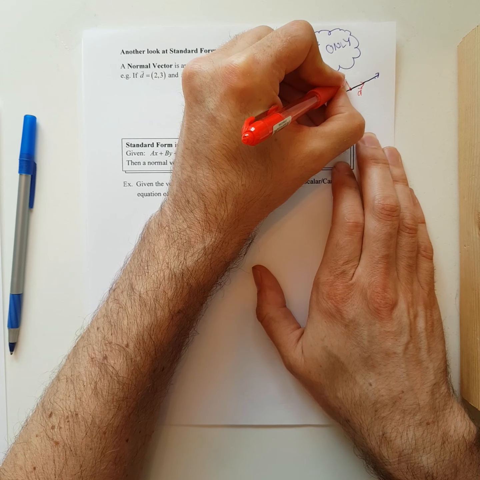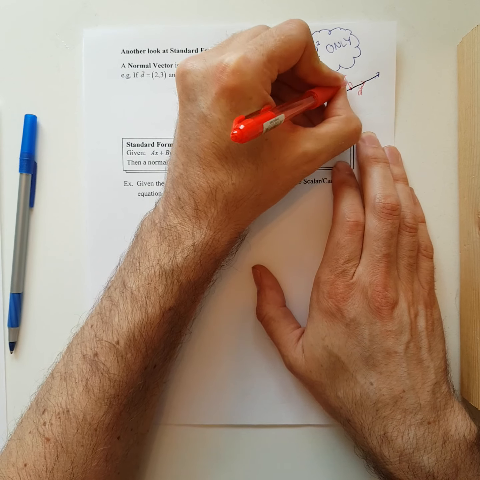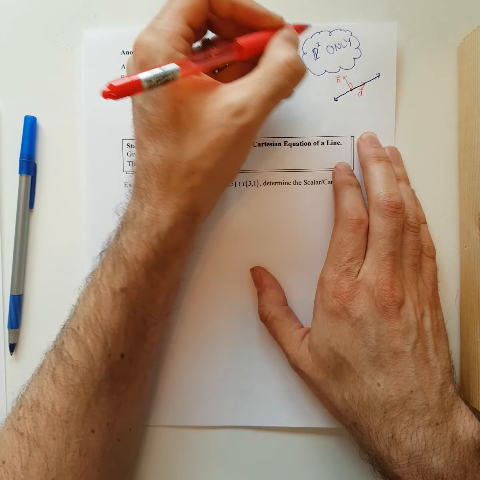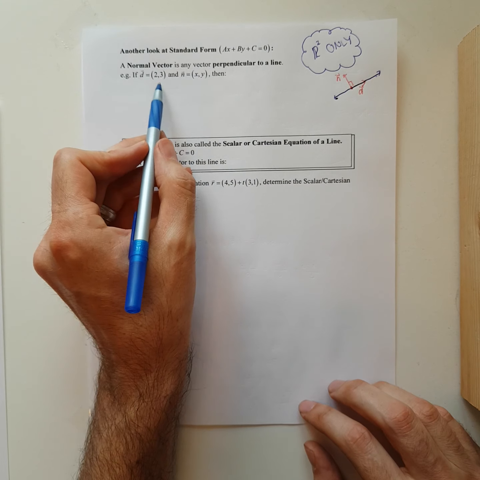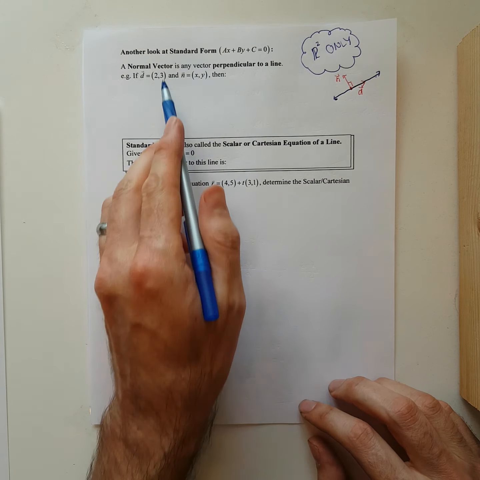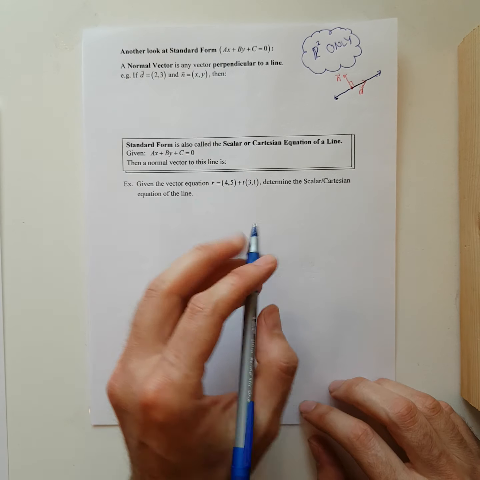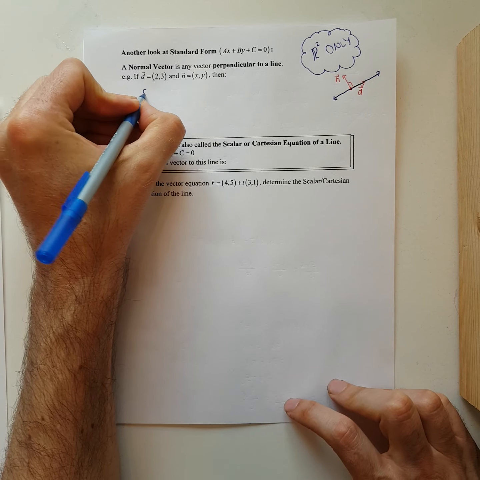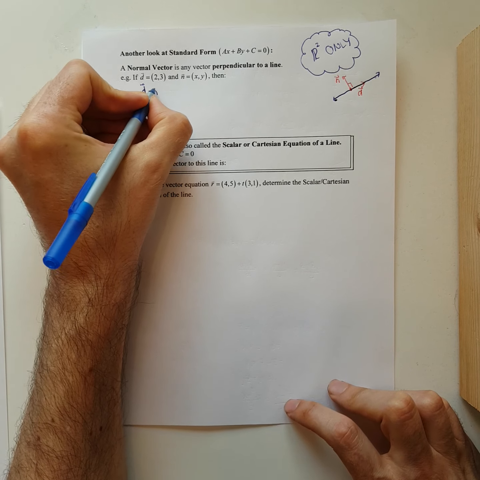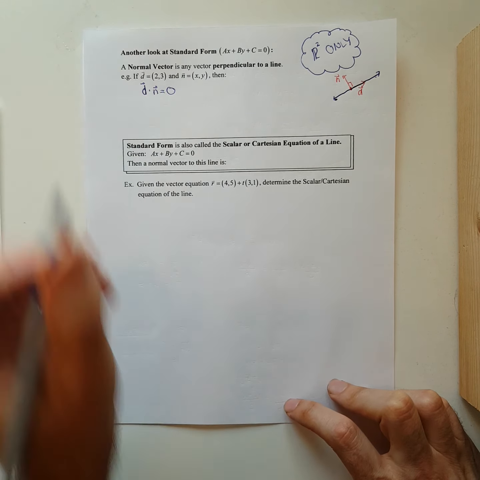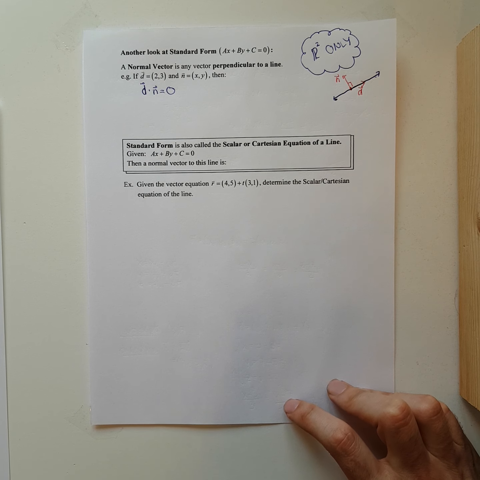Our normal vector is then perpendicular to that line. So there is that normal vector. For example, if I had some line that had a direction vector of 2, 3, and a normal vector of x, y, because these two are perpendicular, this is where we start to see some of those previous skills come out, that would tell us that the dot product between these two must be 0.